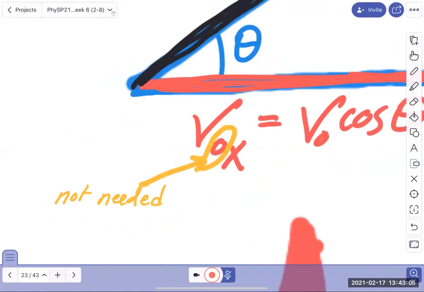There is a V naught X, a velocity in the X direction. But why not just call it V naught and V final X? How do V naught X and V final X compare in projectile motion? Is it the same? Same. So there's no reason to say V naught X because it's just Vx. A lot of times I won't even put the naught on the X part.